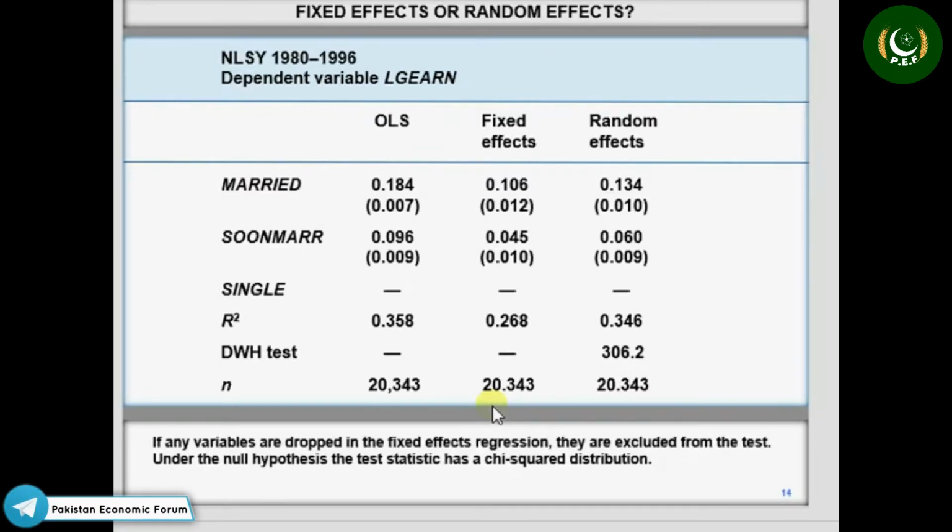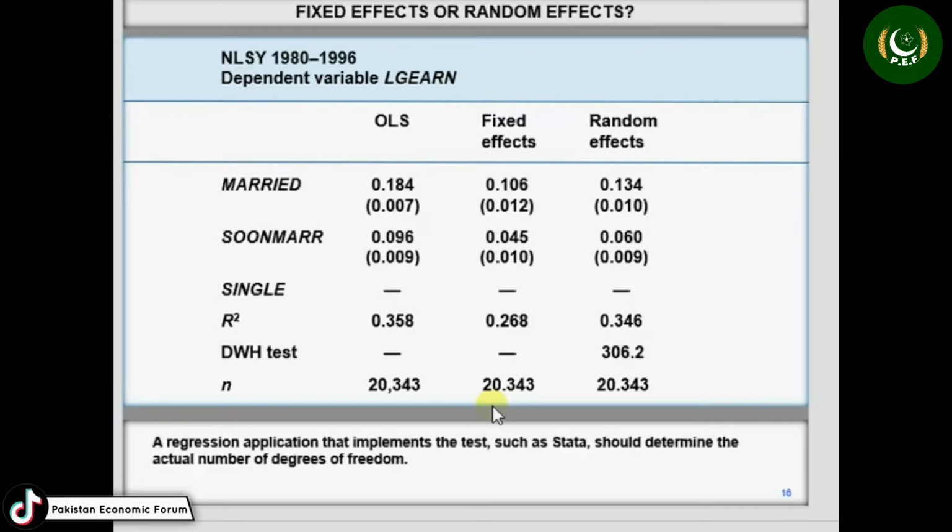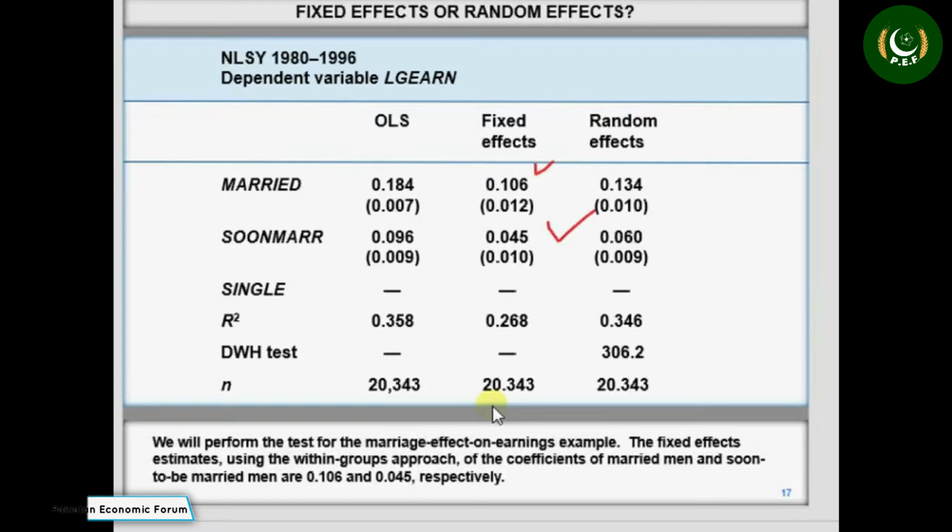Next, it has a chi-square distribution. The chi-square distribution, we don't go into that. You can use the actual number, degrees of freedom, and all these technical issues. Now you see, in this case, fixed effect estimates use the within group approach, and the married men and soon-married men coefficients are 0.106 and 0.045.